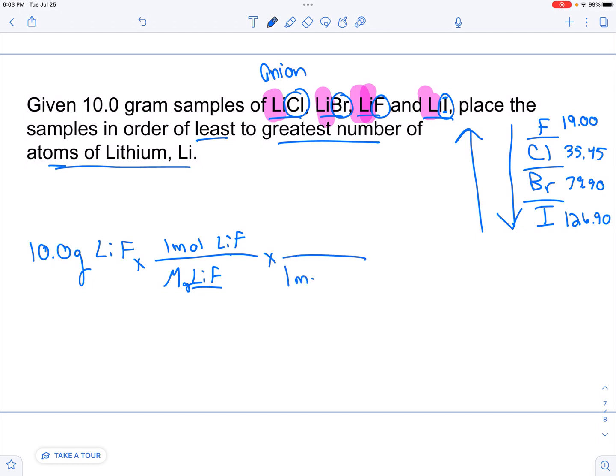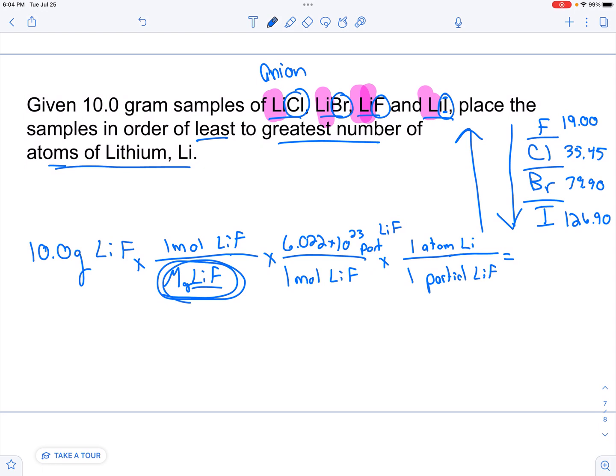So for every 1 mole of LiF, there are 6.022 times 10 to the 23rd particles of LiF, and for every 1 particle of LiF, there is 1 atom of lithium. Okay, so again, the only number we're changing is right here.